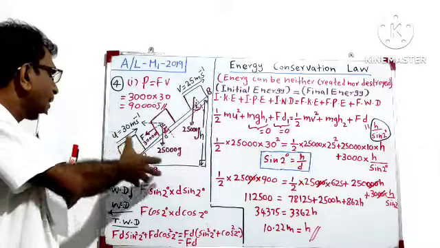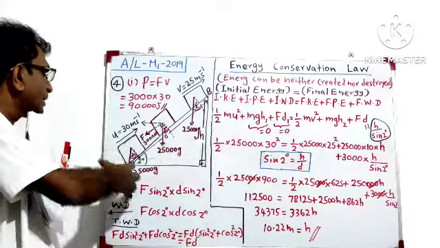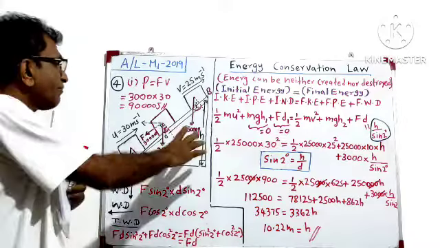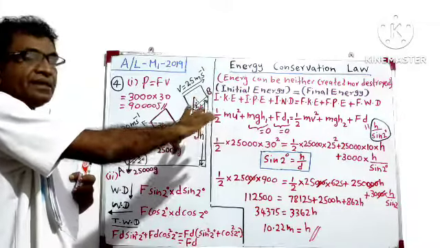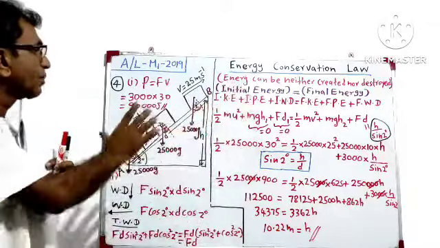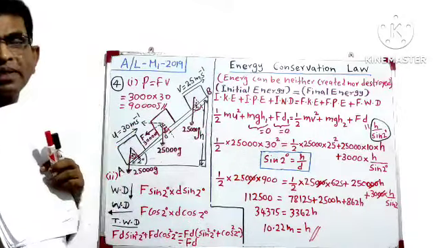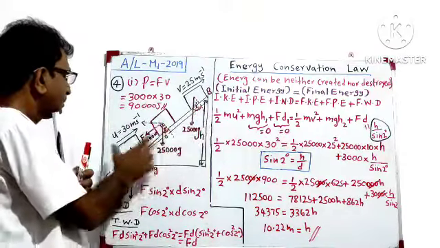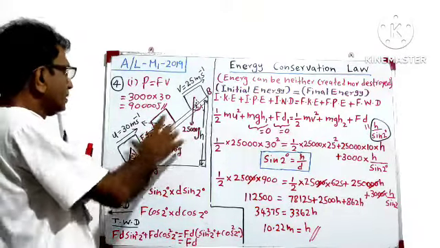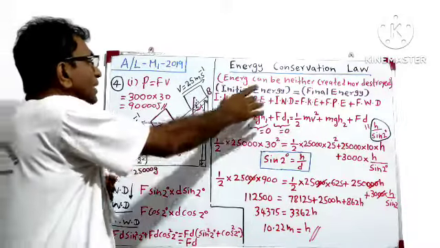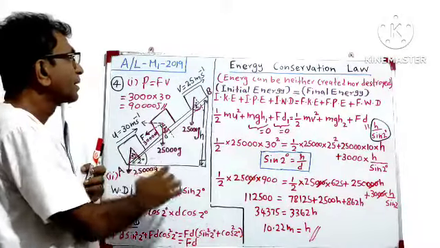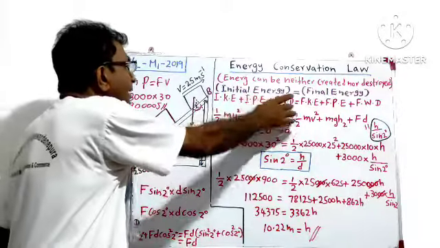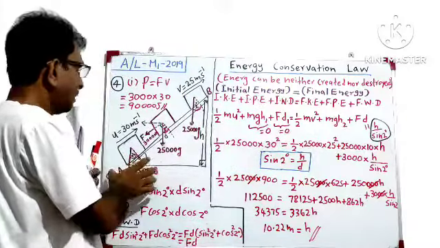But we can apply it: initial energy at A, and the final energy at B. So both energies should be equal. So therefore we can write down the kinetic energy at the beginning at A, plus potential energy at the beginning, plus energy due to the work done at the beginning.